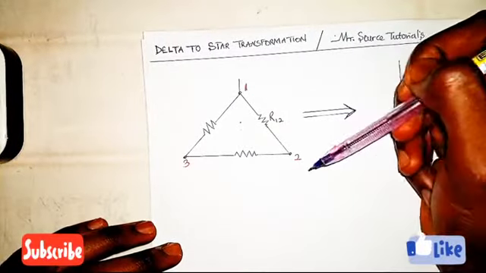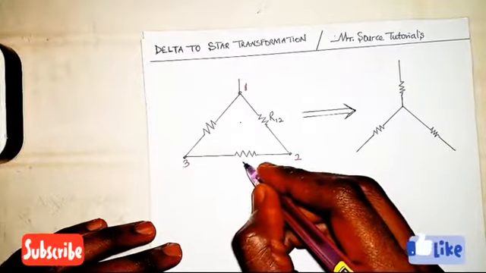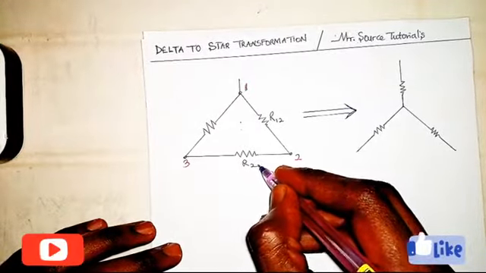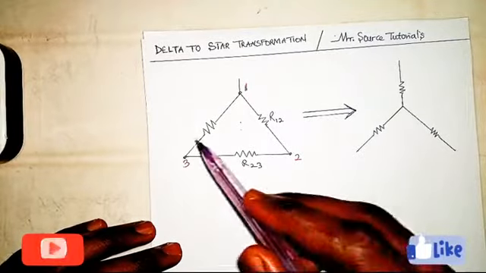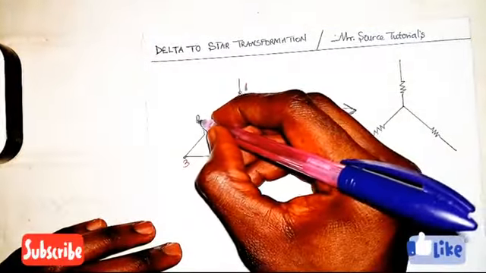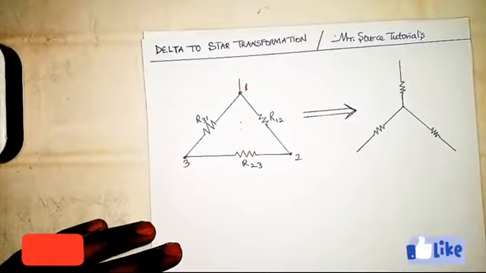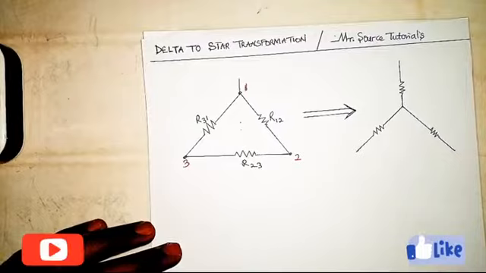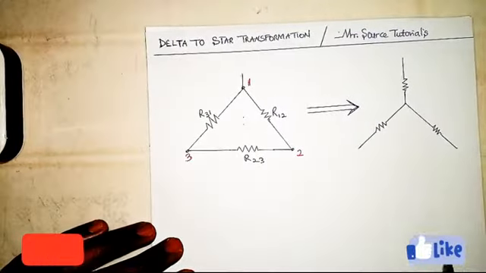While this one is resistor R23, R from 2 to 3. The last one is resistor R31. Now, what I'm going to show you is a simple approach of transforming from delta to star.